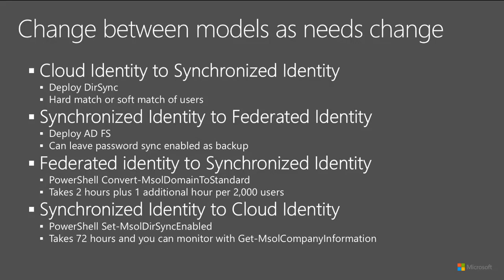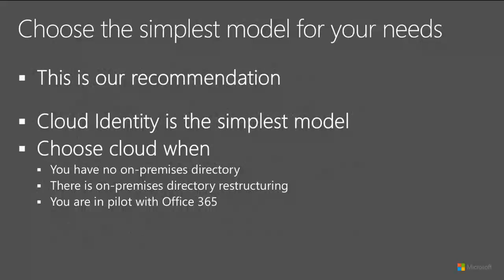And now, why would you choose each model? Choose the simplest model for your needs. This is our recommendation. Keep it very, very simple. Cloud Identity is the simplest model. If you've got a customer that does not have on-premises directory services and only wants to access Office 365, that is a great way to go forward.